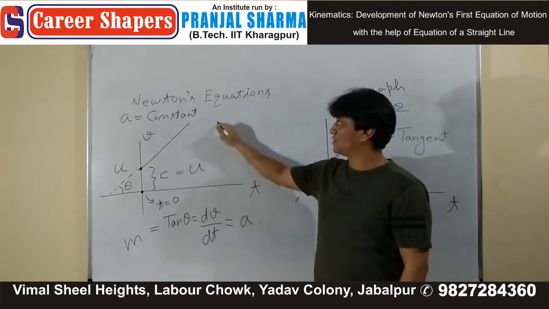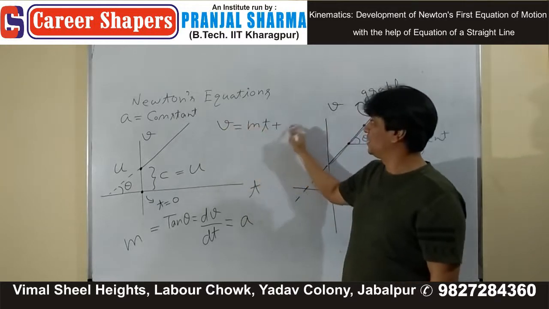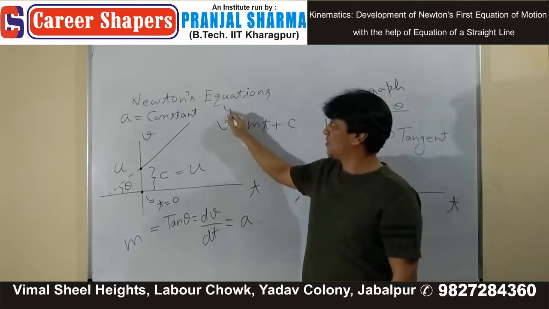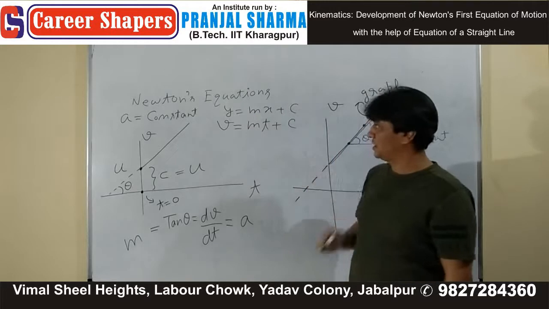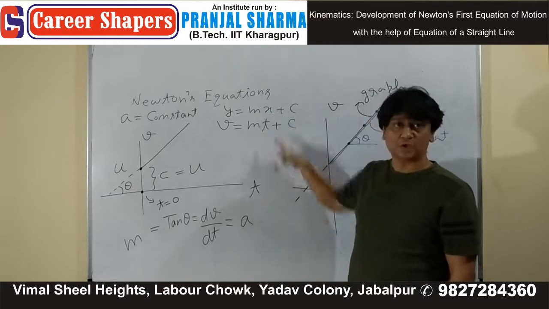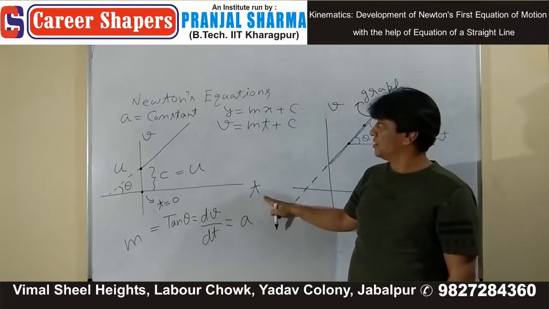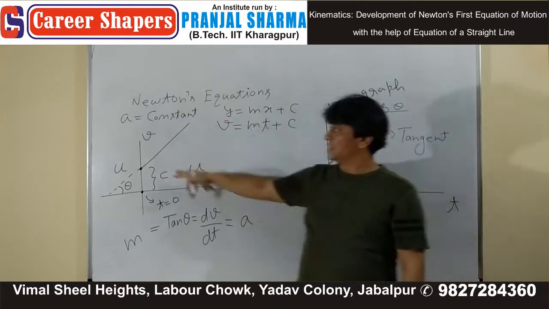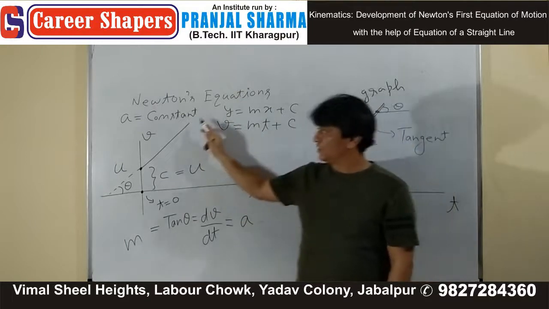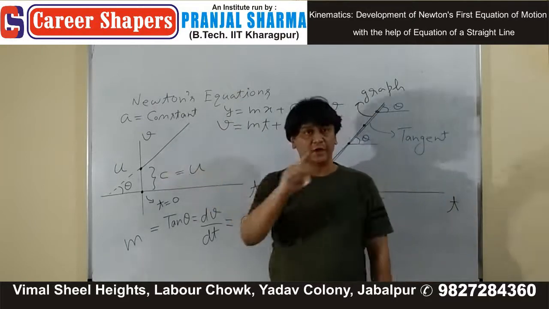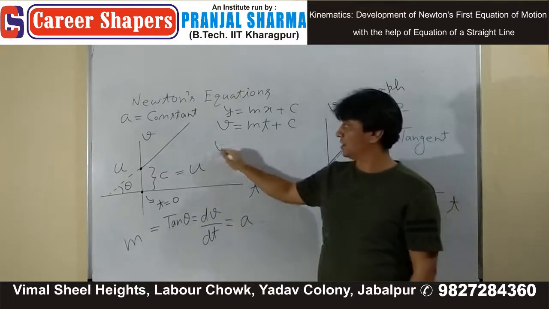Which means, what is the equation of this line? V equals to mt plus c. It's coming from y equals to mx plus c. X was the horizontal axis, which is t. Y is the vertical axis, which is v. So for this line, the equation should be v equals to mt plus c.